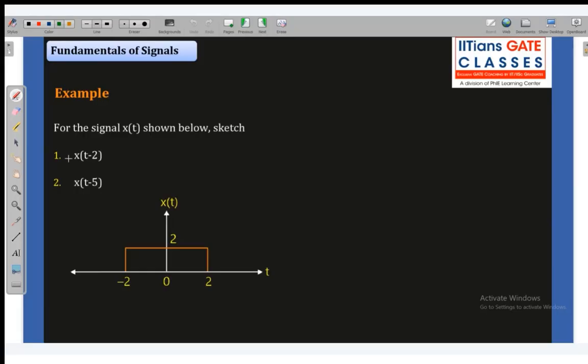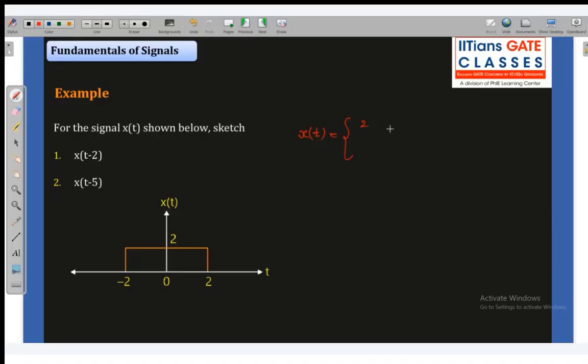Okay. Now, if you want to delay it, first of all, let's understand how to write it in the functional representation. How do you write this signal x of t in the functional way?